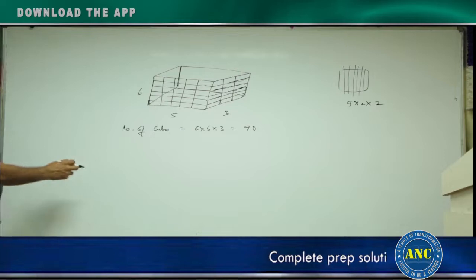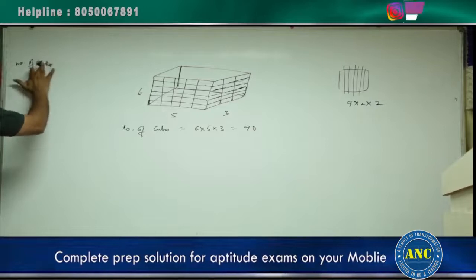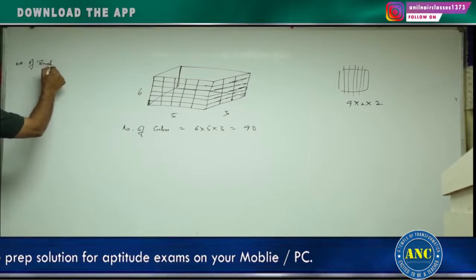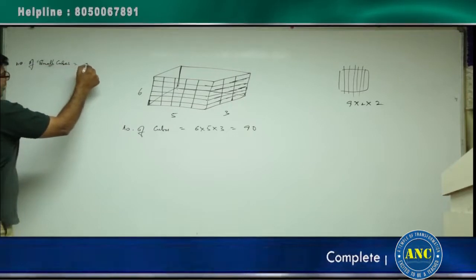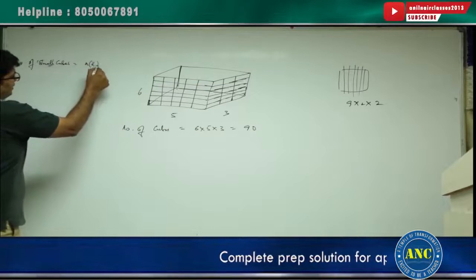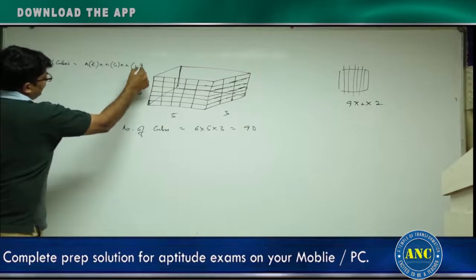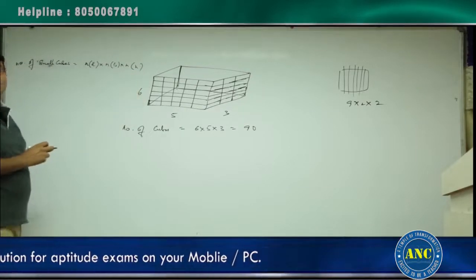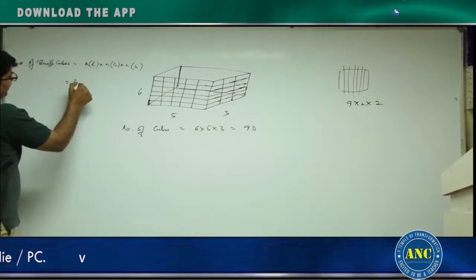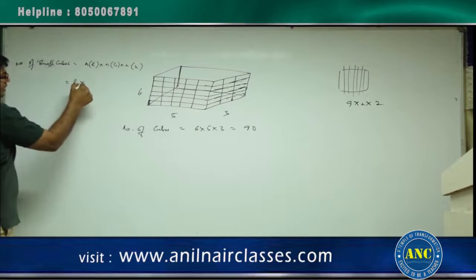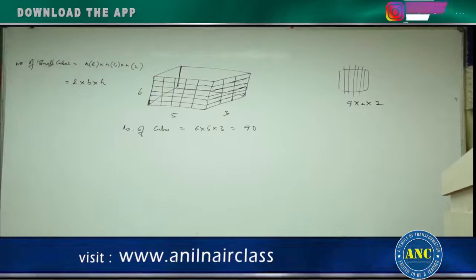So in general, the number of small cubes will be the number of cubes on the length multiplied by the number on the breadth and the number on the height. Yes or no? So in general, n is L into breadth into height, which gives the total number of cubes.